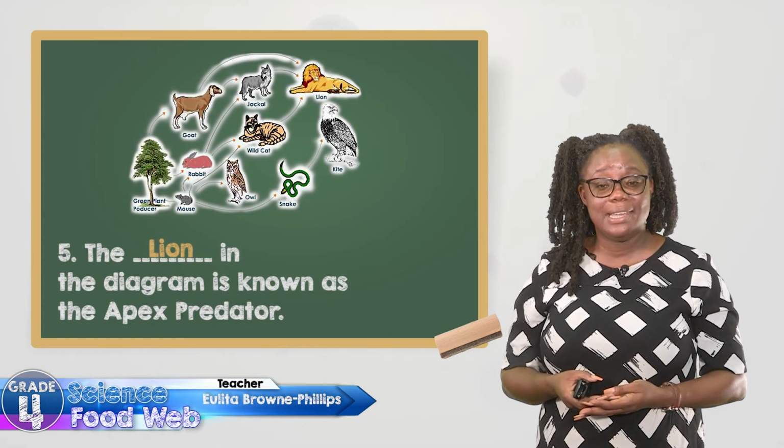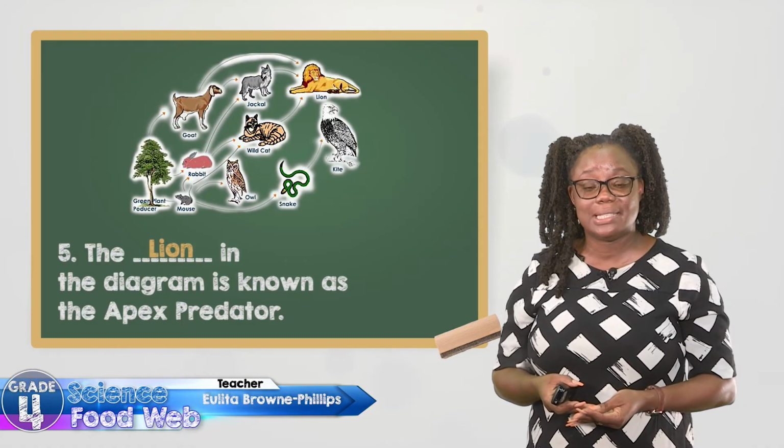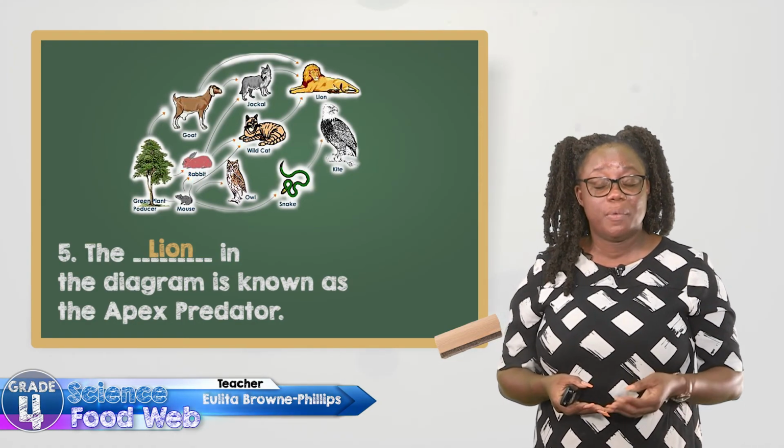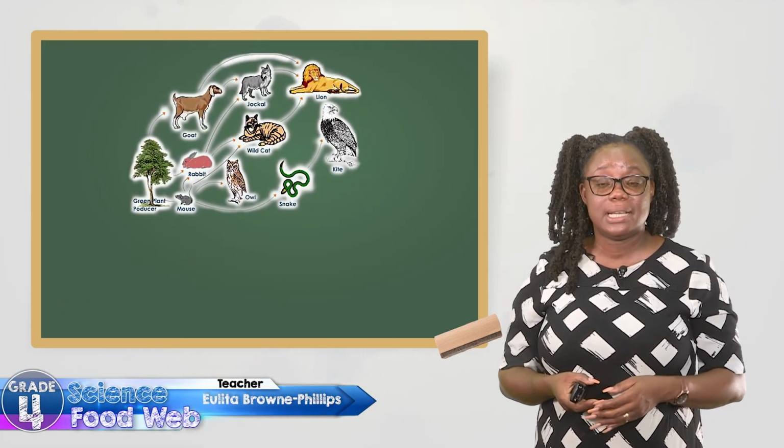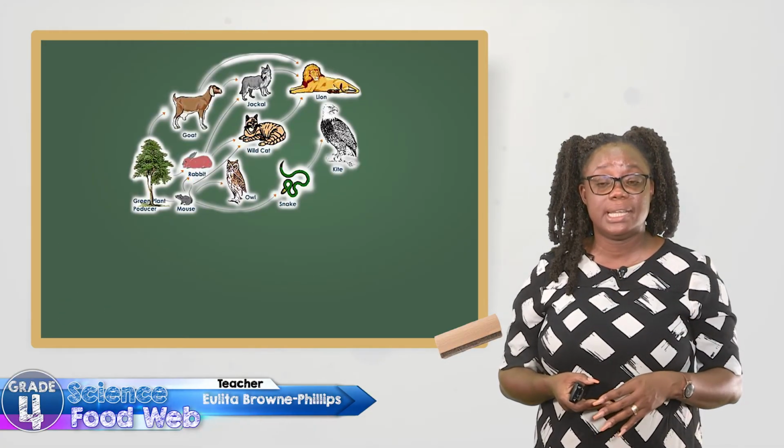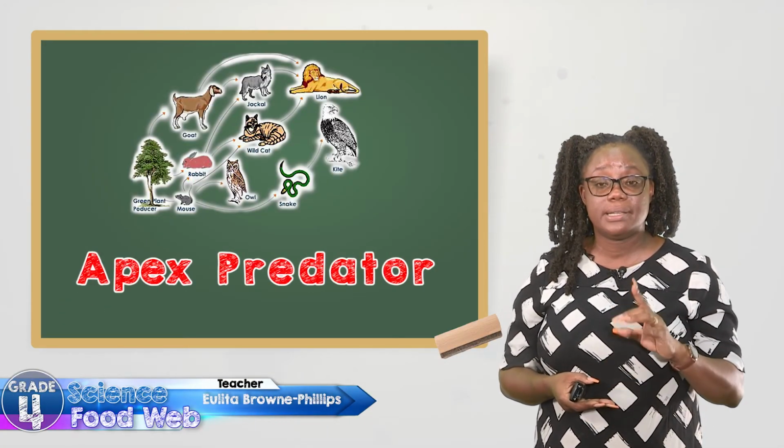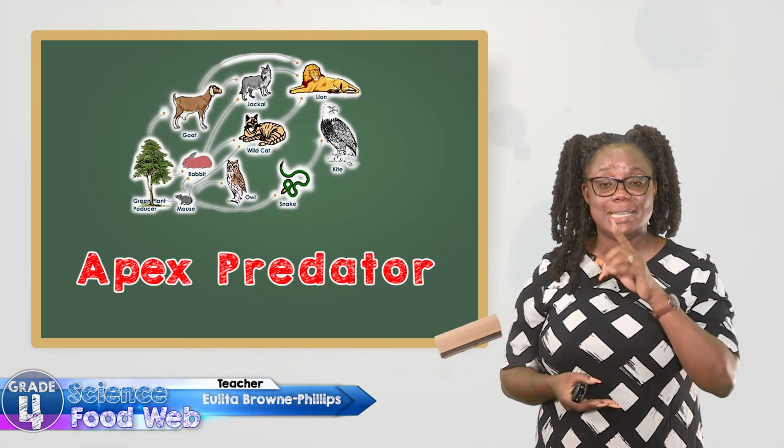The lion in the diagram is known as the apex predator. We had a discussion about that. The lion would be termed the apex predator because there is nothing else that is eating the lion. So boys and girls, I hope that you would have gotten all correct. Excellent work. So let's do a recap.